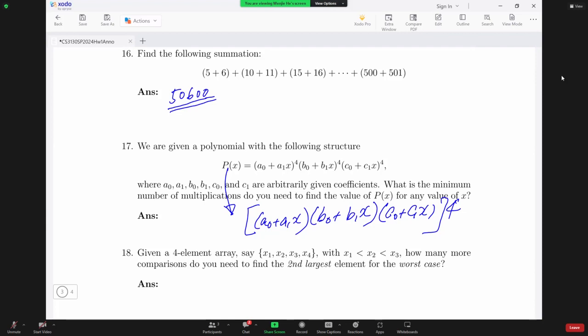All right. Based on the previous example, inside the bracket, we need 5 multiplications, right? But for the fourth power, by repeated squaring, 2 more. So 5 plus 2, the answer is 7.